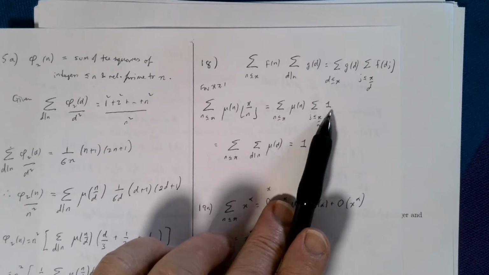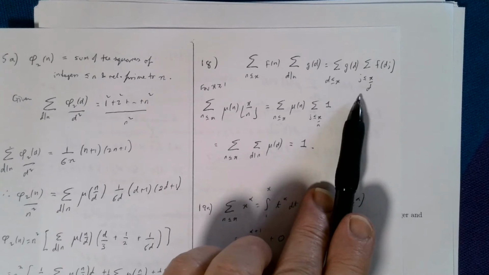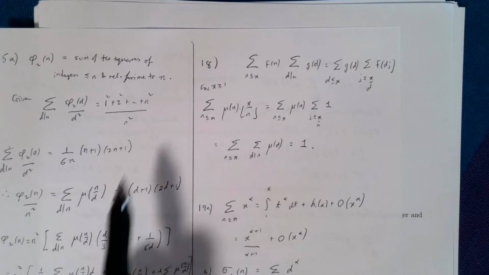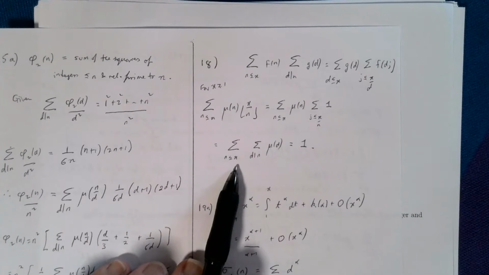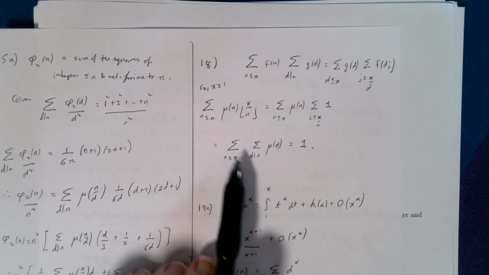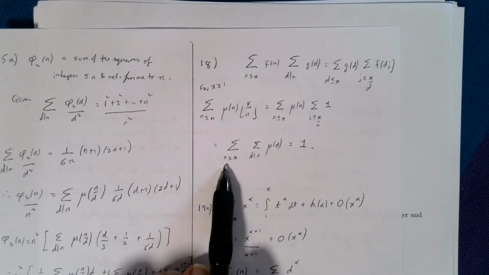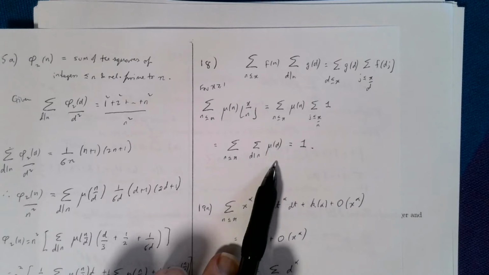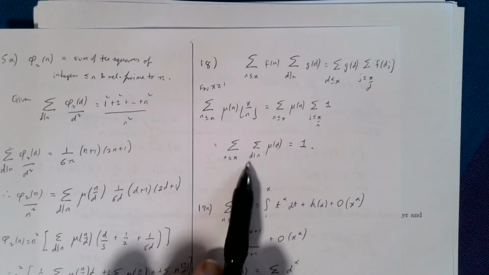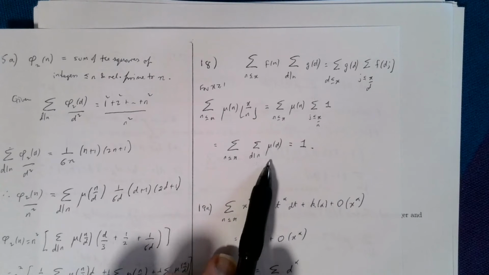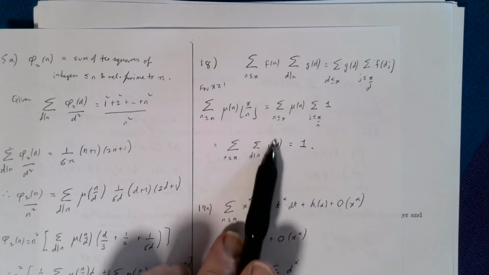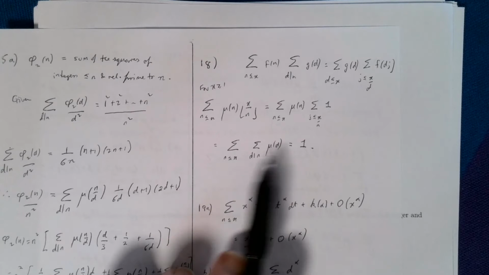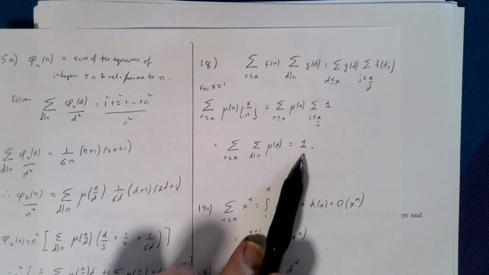That now puts it in this form, and so I can turn this back into a sum of this form, and the f here is 1, so I can simply plug this back in and it turns into the sum n less or equal to x sum d divides n mu of d. And of course we know that this inside sum is 0 unless n is 1, in which case it's 1, and so we just get 1 as our sum.